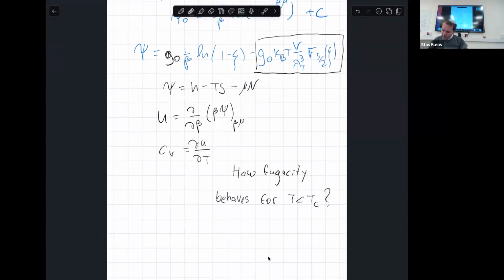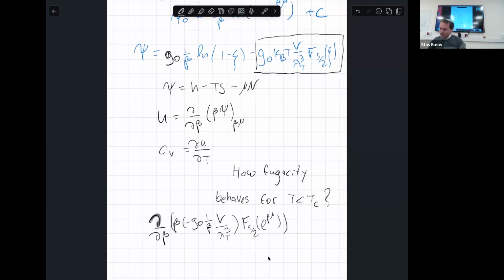So when I take a derivative, d to d beta of beta multiplied by minus G0 K Boltzmann. So let's erase it and we'll say 1 over beta d lambda t to the 3rd multiplied by f 5/2 of e to the beta mu, okay?